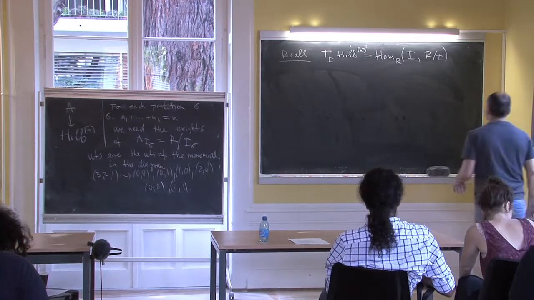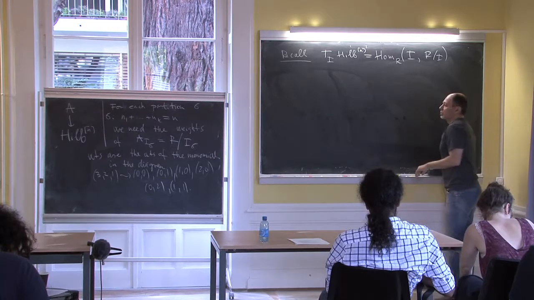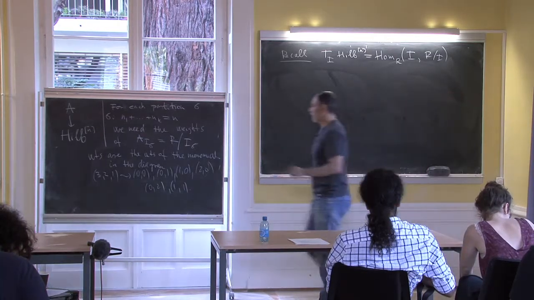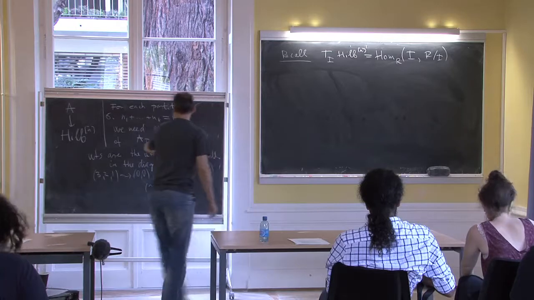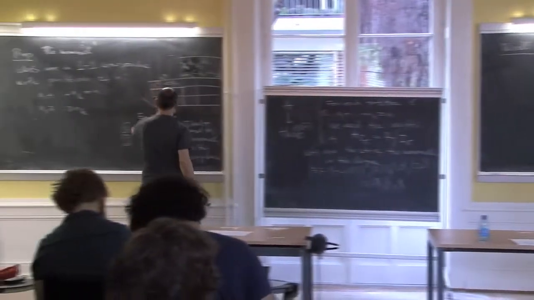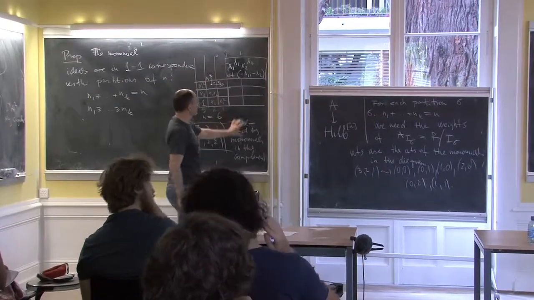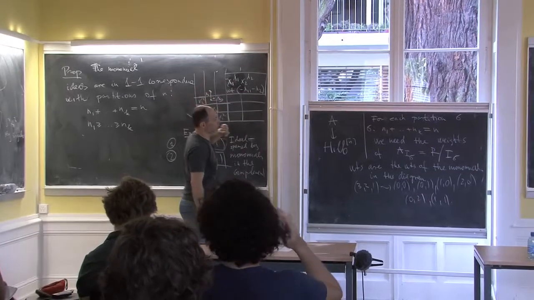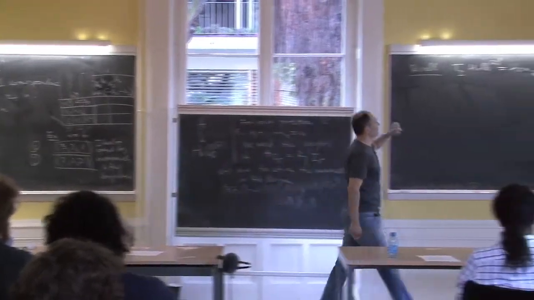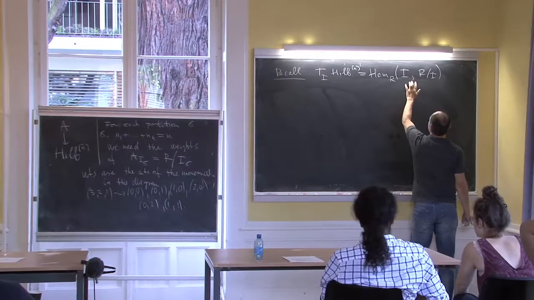And so now what we have, so now I have a sigma, so I have this diagram sigma, a partition sigma. There's an ideal I sigma corresponding to it, and I need to understand the weights of this thing.